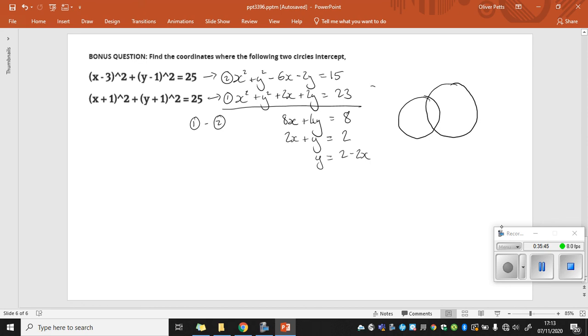In trying to find where they intersect one another, what we've got here, hopefully you recognise, is actually a straight line graph. Now this straight line graph will lead us towards finding where the two circles cross over. And the straight line we've actually found is the one that passes through the two intersection points between the two circles. So it is important information.